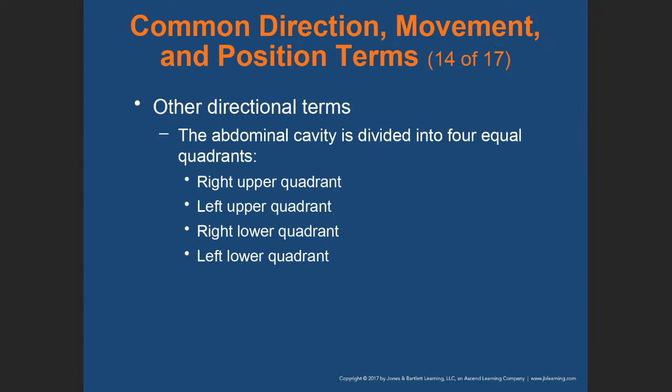And you have the right upper quadrant, the left upper quadrant, right lower quadrant, left lower quadrant. As the course progresses over time, you will have to know the solid and hollow organs that are located in each section as we go forward.